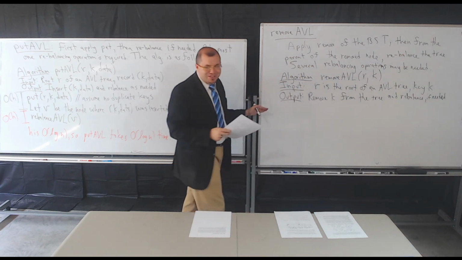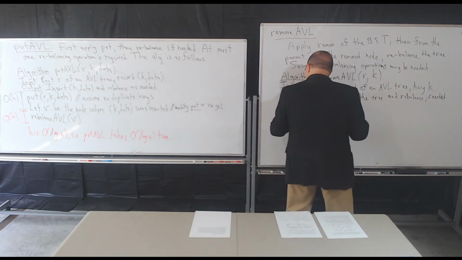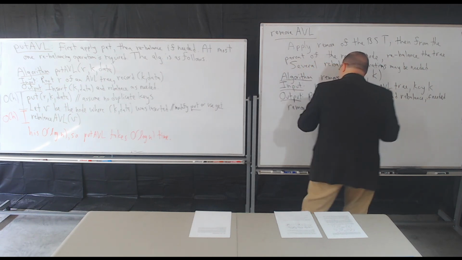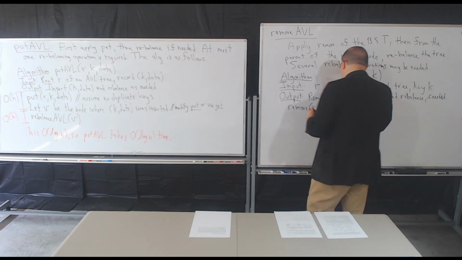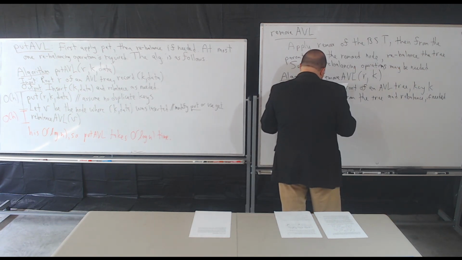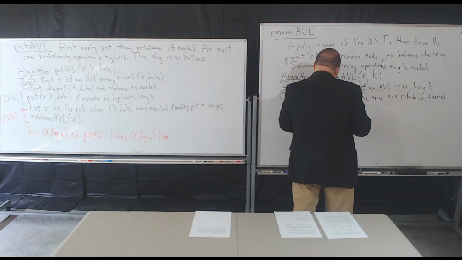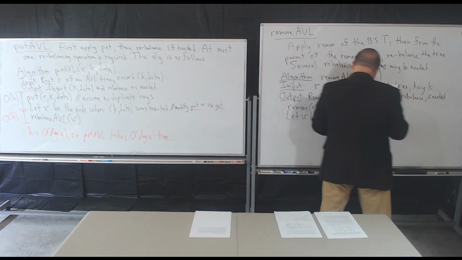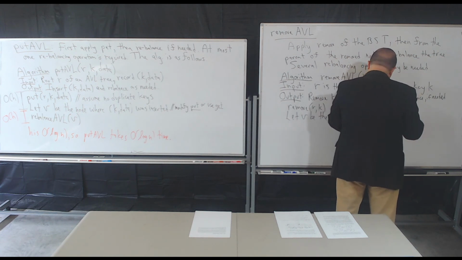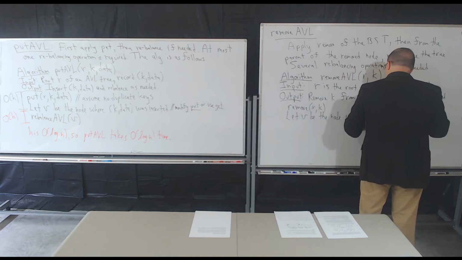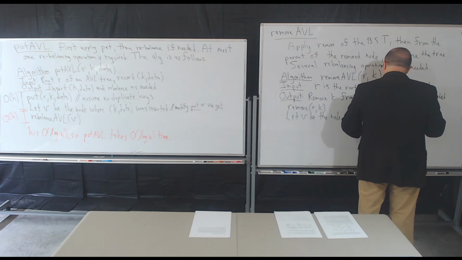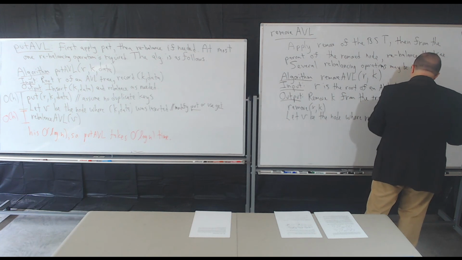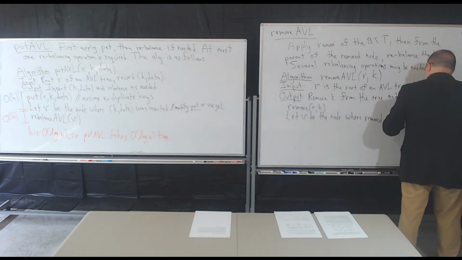So you're going to naturally think, okay, well, how am I going to do this? All I'm going to do is apply remove, given the root and the key, just like I had before. Now I'm going to say, let V be the node where the removed node used to be.